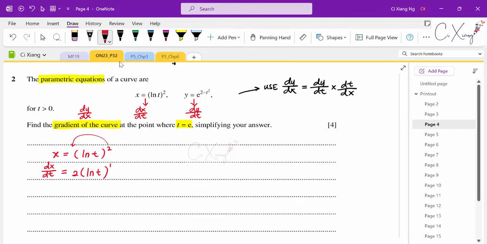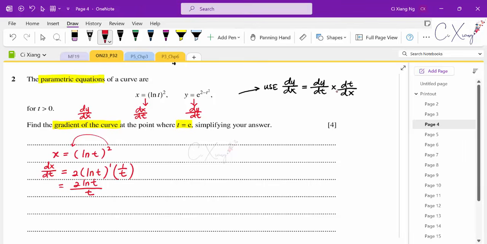It is very similar to what you learned in AS before. After that, differentiate the thing inside the bracket. Differentiate ln t, you are having 1 over t. So simplifying, you're having 2 ln t divided by t. Usually I prefer to put it in a fraction form so that it is easier for us to simplify the equation when we apply the chain rule later.